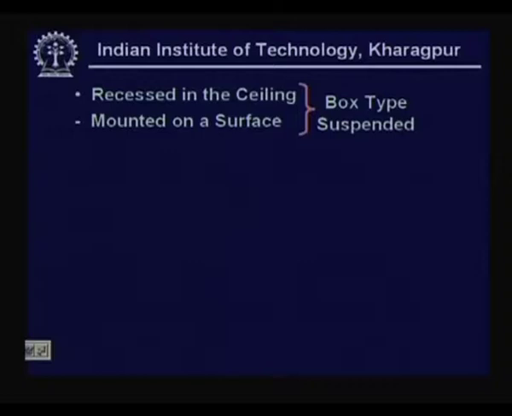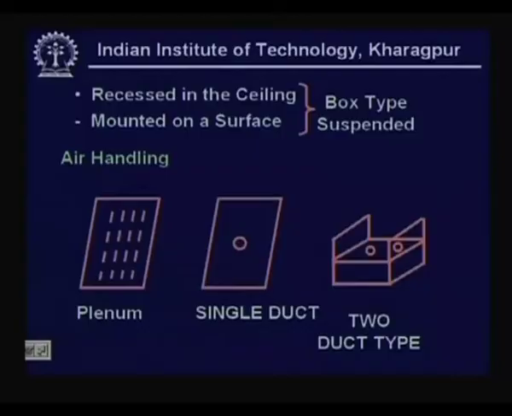Unless you are trying to create a sheet of light, they depend on the mounting height. So, they could be suspended. When you suspend, they are called down lights. The other application, therefore, where air handling becomes very important, is ventilation.